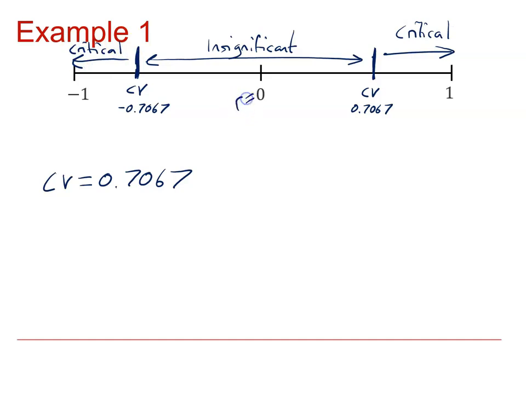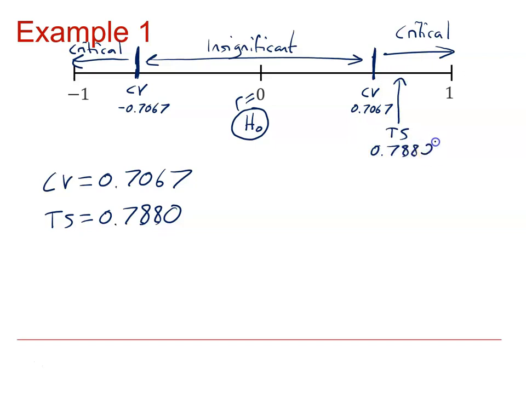Note that since R equals 0 is always the null hypothesis, this means that the insignificant range will always be this inner range that contains R equals 0. Our test statistic is 0.7880. That is going to put our test statistic right here. So that is in the critical region. So that is a significant result.